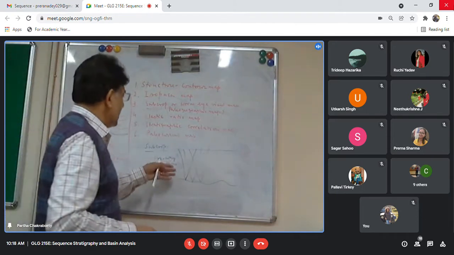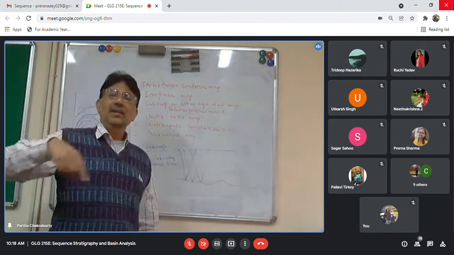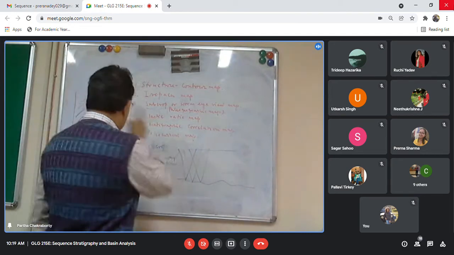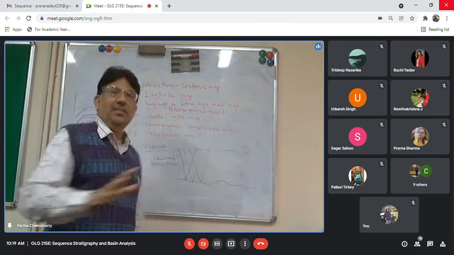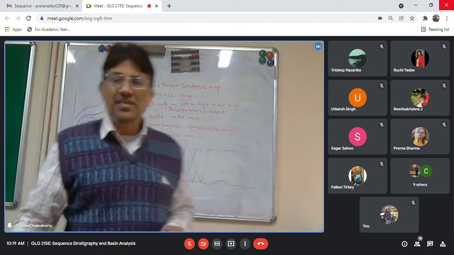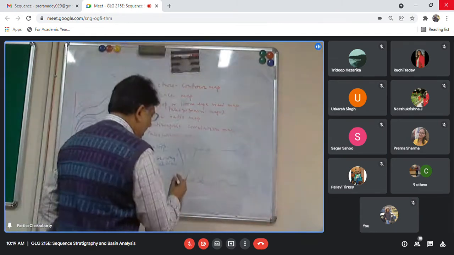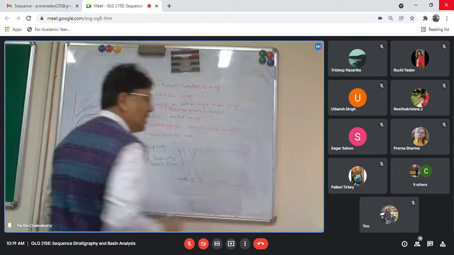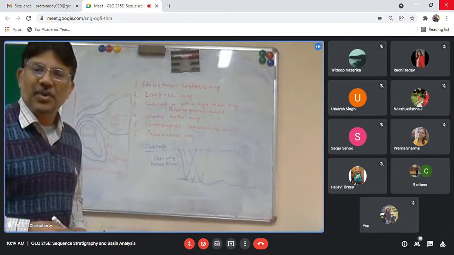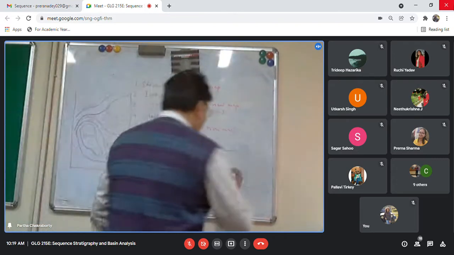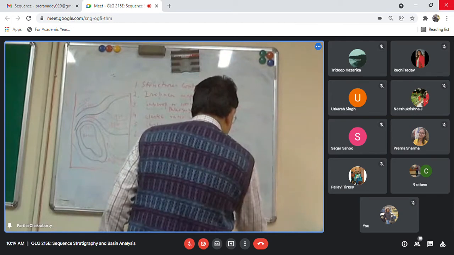So this time is then converted to depth, and that depth is plotted. If I make a map of this subsurface by means of the seismic two-way time and corresponding depth, I can identify a paleo high.